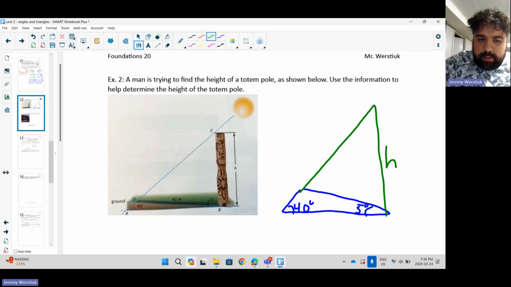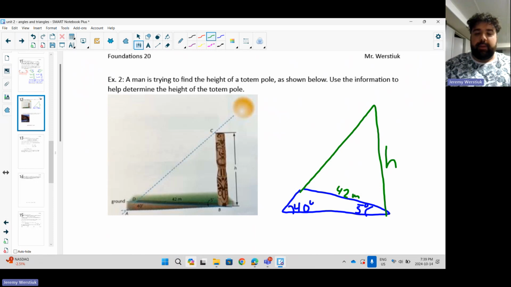Oh, and this side right here is 42 meters. So interesting. I don't see anything here with sine, cos, or tan. I don't see a right angle right now. So one thing that I can try is the sine law.